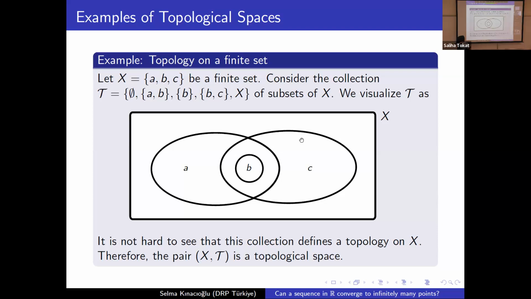So let us consider this question. Let T be the open sets: the empty set, {A}, {B}, {B, C}, and X. So now our question is, can we define a topological space on this set? As we state here, let us consider this first circle and this one.